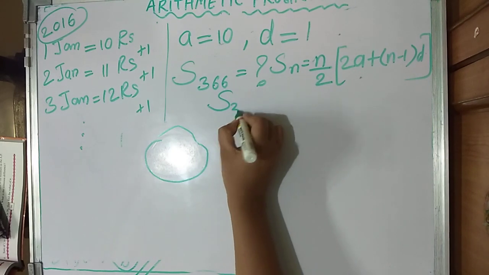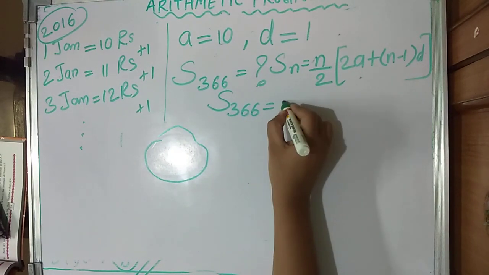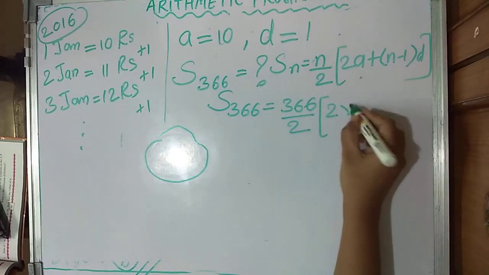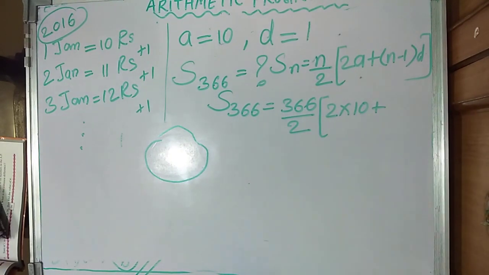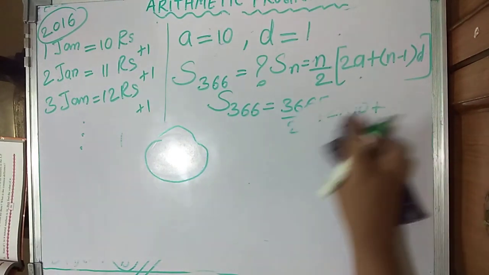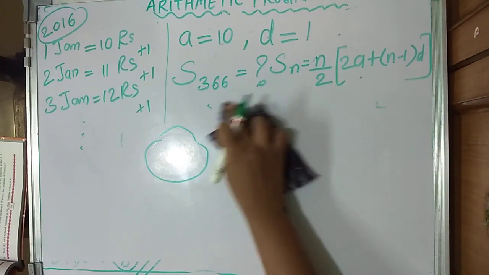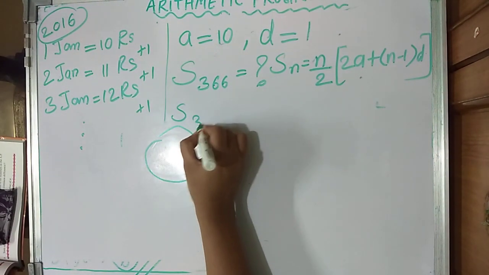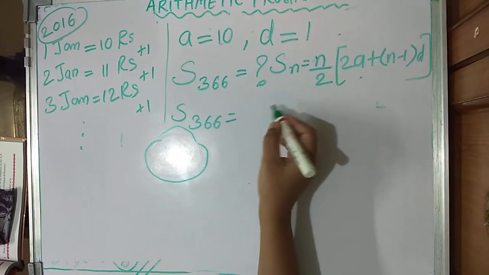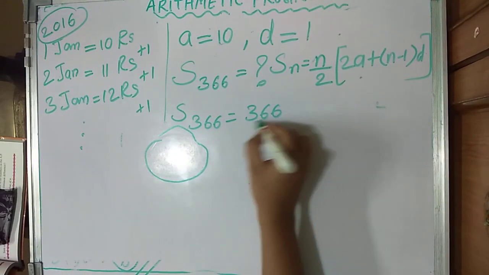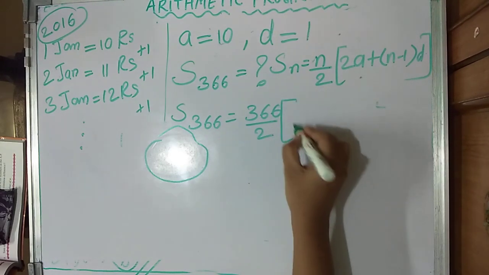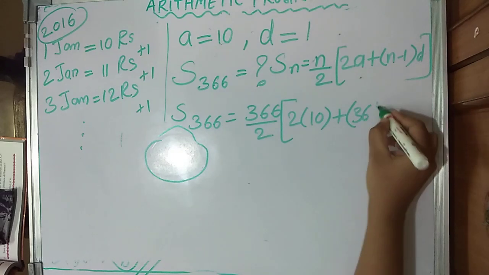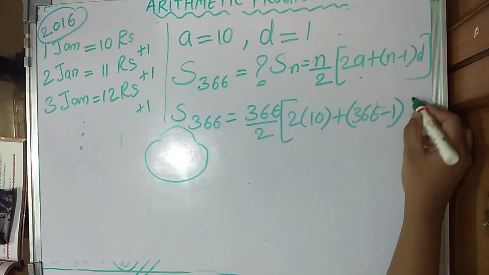S366 is equal to 366 upon 2, 2 into 10 plus 366 minus 1 into d.